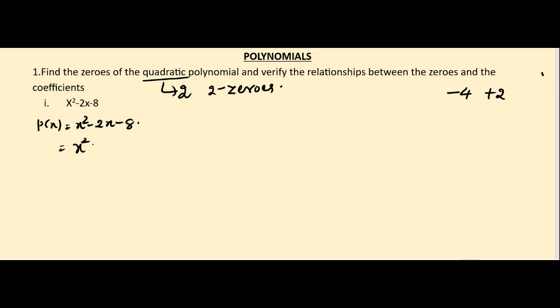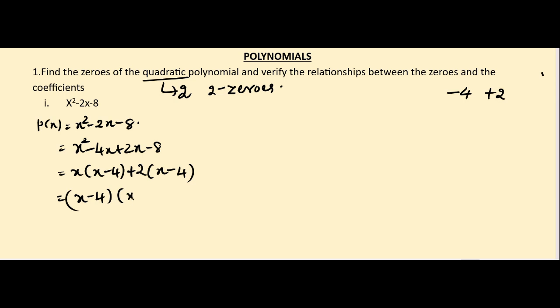Let us split this minus 2x as minus 4x plus 2x, and we will write this minus 8 as it is. x is common: x into x minus 4, plus 2x minus 8, 2 is common: 2 into x minus 4. Again, we can write it as x minus 4 into x plus 2.